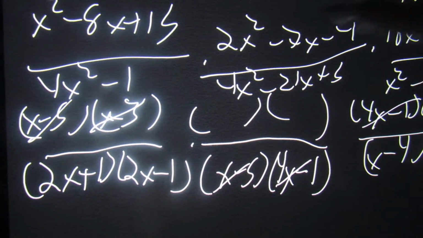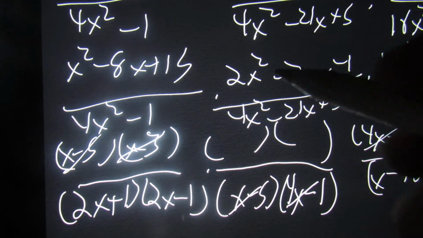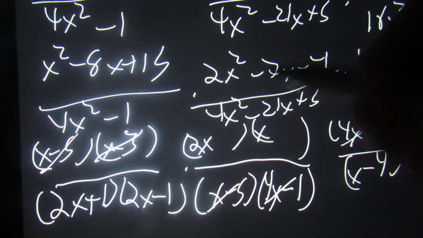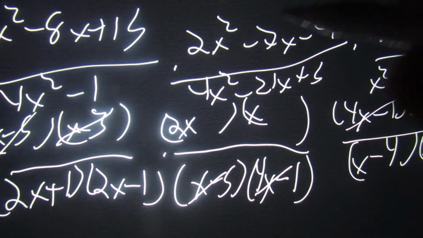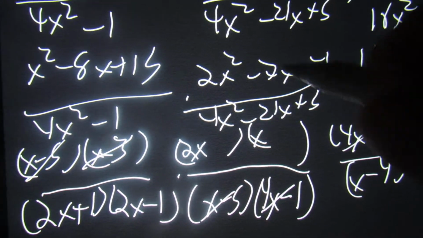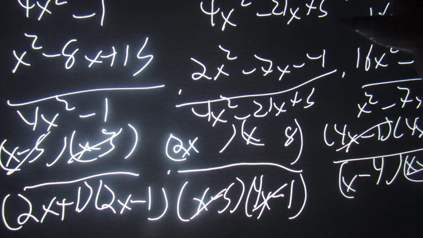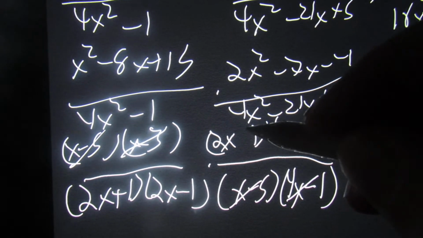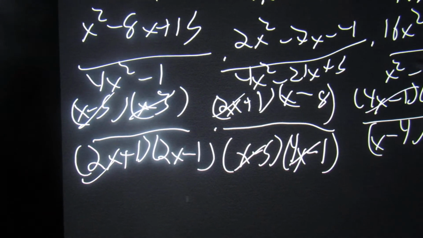And here, we're going to have a 2x and an x. We know that we have to subtract to get to 7. So 2 times 4 is 8, and 1, subtract 1 makes 7. So this has to be minus, this is plus. These cancel.